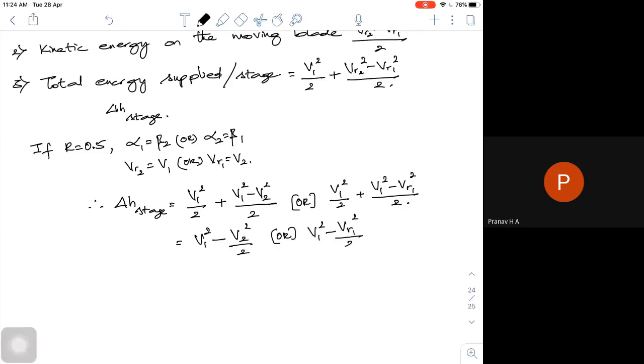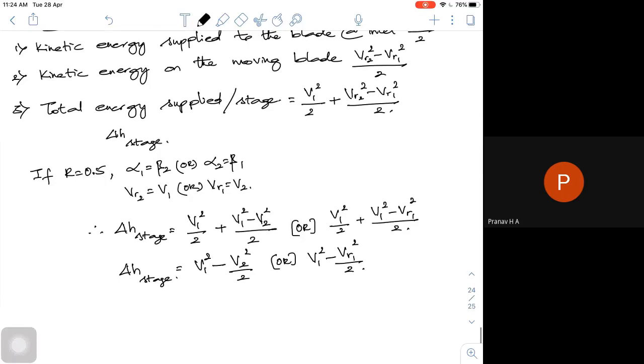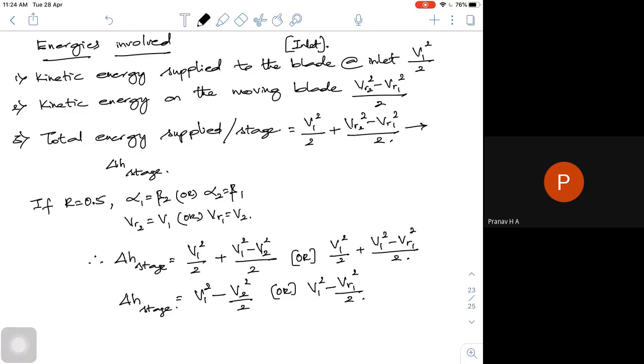This is only for R equal to 0.5. For this condition, this is valid. Delta H per stage is only valid for this particular condition. For other conditions, this is the general expression. So what I am writing now is my general expression.